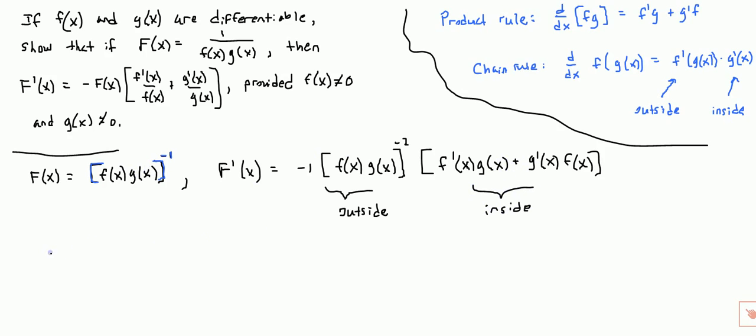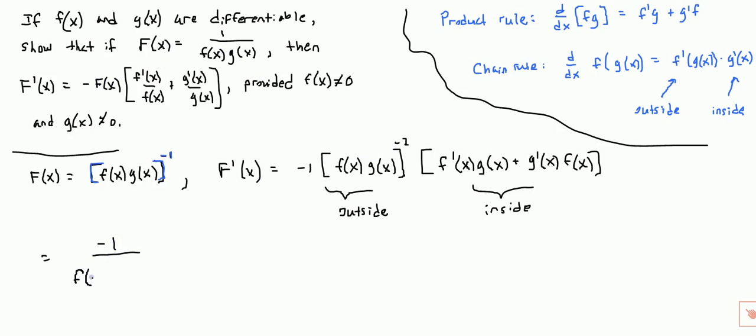Okay, so now let's go ahead and rewrite this. We need to make it look like this. That's what they want, right? We have a negative sign, which is good because they have a negative sign. But somehow we have to get a big F of x, right? And remember what big F of x was. It was 1 over f of x times g of x. Okay, so we've got a negative 1. Now I'm going to move these back down.